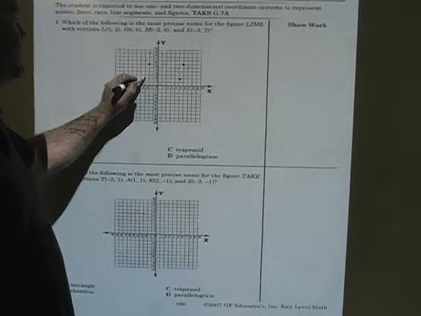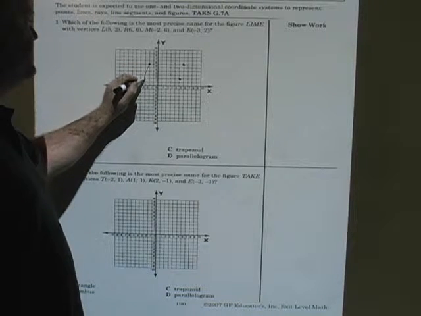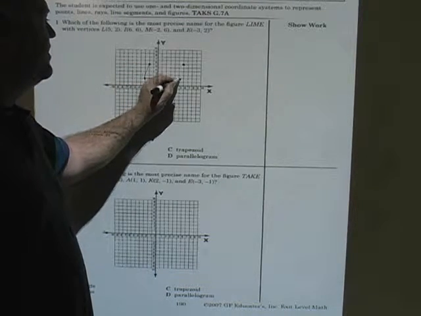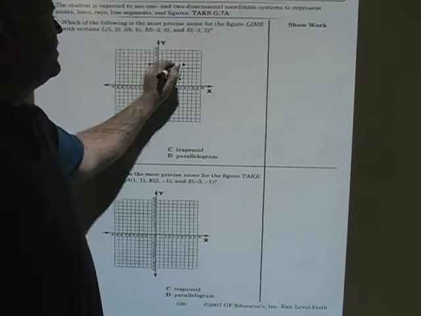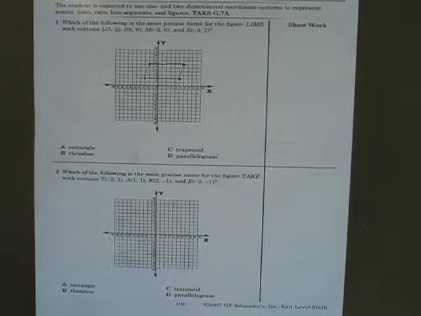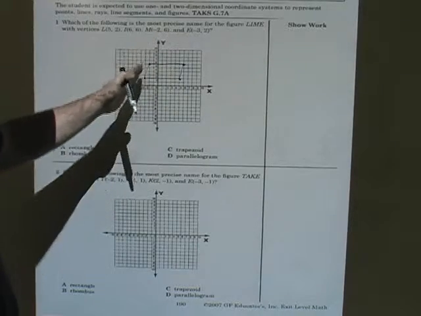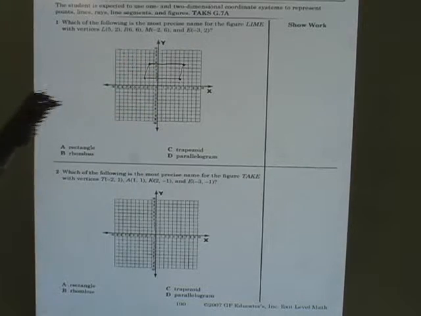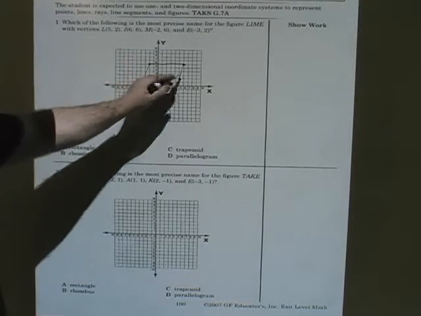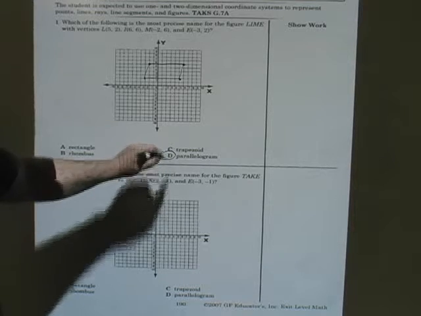We want to connect the points. And you can see that figure is not a rectangle. It looks kind of like a rectangle, but since the sides are slanted and you don't have right angles, you don't have 90-degree angles in here, it's a parallelogram.